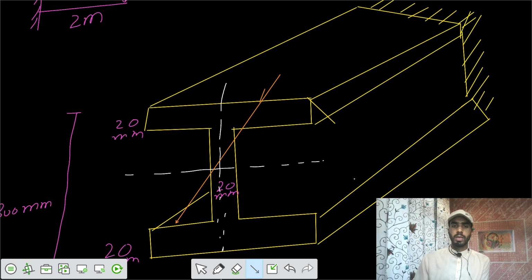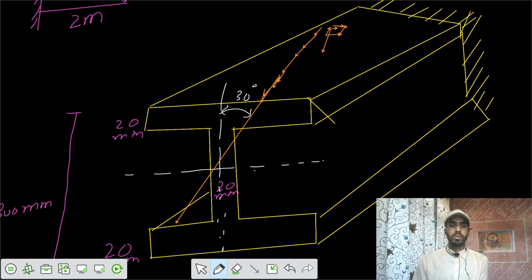So this is your load P, acting in this way, making an angle of 30 degrees.